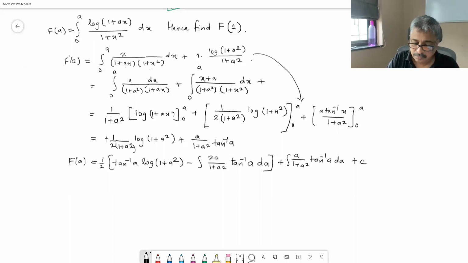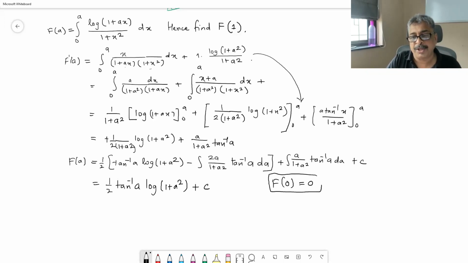Therefore, this implies F of a is equal to half tan inverse a log(1 plus a square) plus c. Now if we substitute a is equal to 0 in the given problem, then capital F of 0 is 0, because the lower limit is also 0.